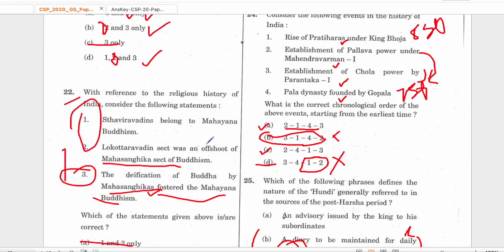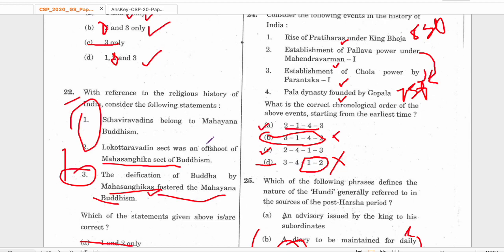Now you will be entangled with which two options. Now I will tell you some gyan. Mahasangika sect originated in the second Buddhist council. What happened there: when the Vinaya Pitaka was made, there was a group who wanted to alter it, to add some things. But this was not added, and then they started opposing and came out.